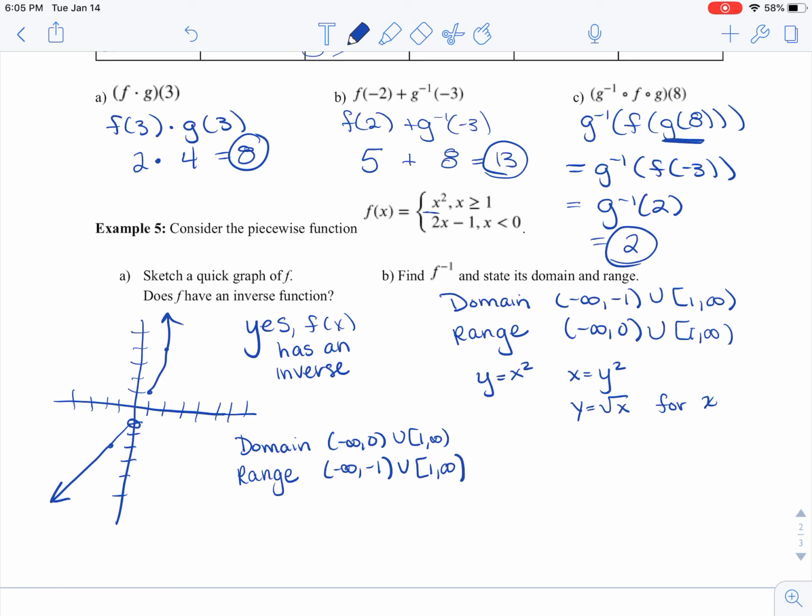Here for x greater than 1. And we're getting that because we're really getting it for these domain values, which came from these range values. So we can start by saying f inverse of x equals the square root of x for x greater than or equal to 1.